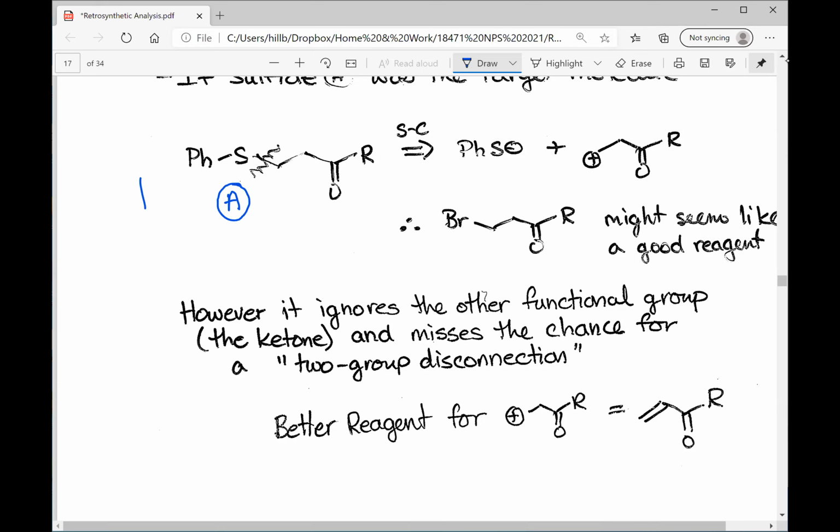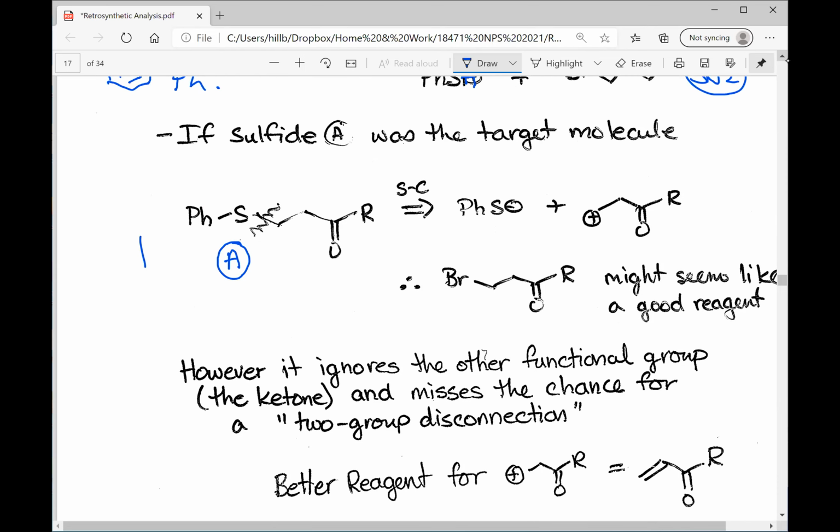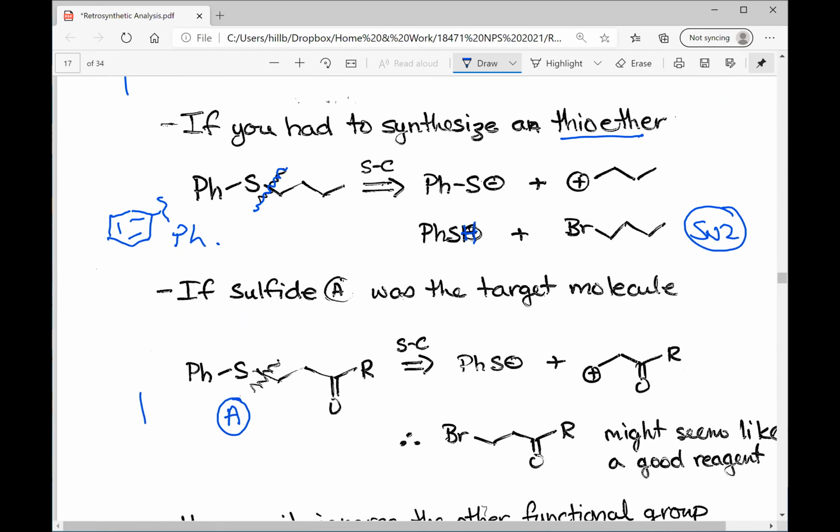Not helpful here. So if this is your target molecule, it's basically an extension of this same reaction. All we've done is we've added a carbonyl here. So if we were to use the same methodology, break this and have negative and plus, it would seem like, oh, we could just do an SN2 reaction on this molecule here.